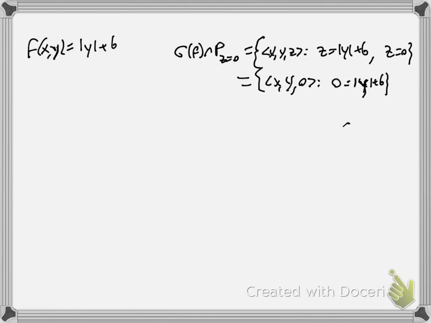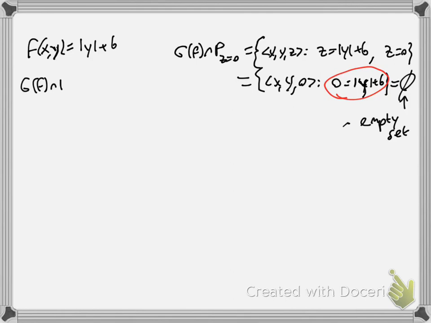So this equation over here, the red equation, is never satisfied for any values of x and y. Right? So in one symbol we could write it like this. So this is the symbol for the empty set. There are no x and y's that satisfy the equation, therefore this set is the empty set. So there's nothing to sketch. So that was the intersection with the xy plane.